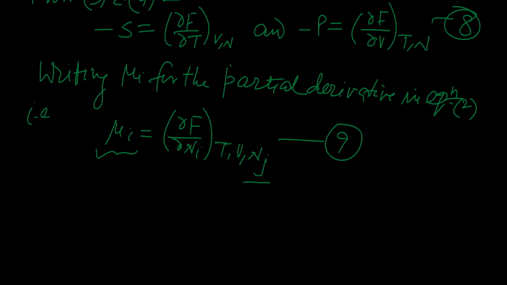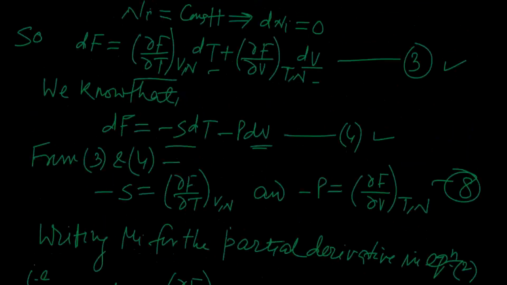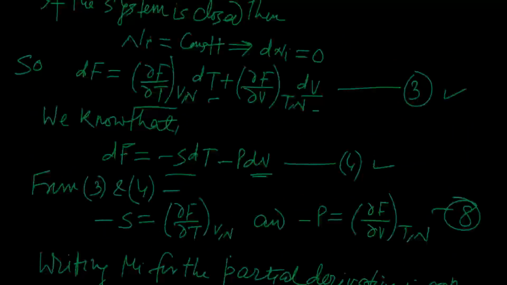So when we introduce this symbol mu i for this partial derivative, we can write equation 2. Sorry, here the equation number has been written wrongly. This is in fact equation 4.